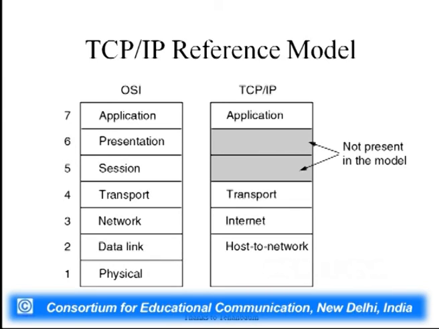Looking at it this way, it is a 4-layer architecture, and below the host to network layer, you can call it a physical layer. If you call it this way, it becomes a 5-layer model. Now, leaving aside whether it is a 4-layer or 5-layer model, how it functions and how it is implemented.